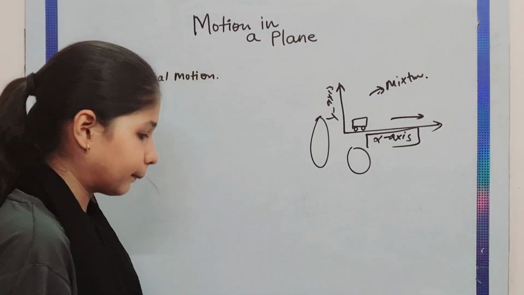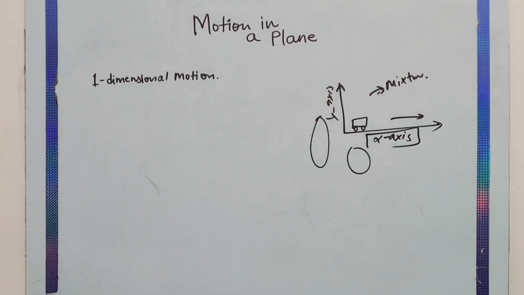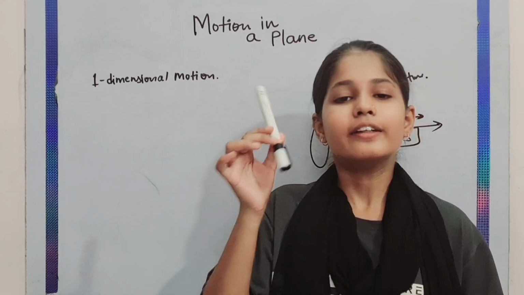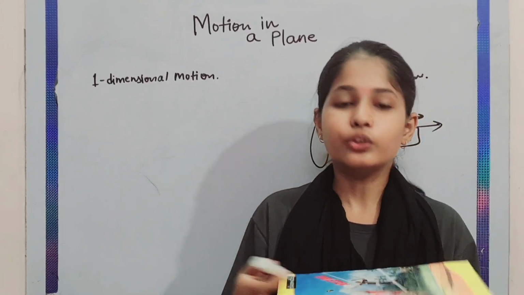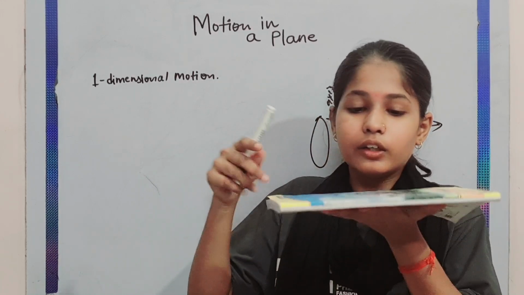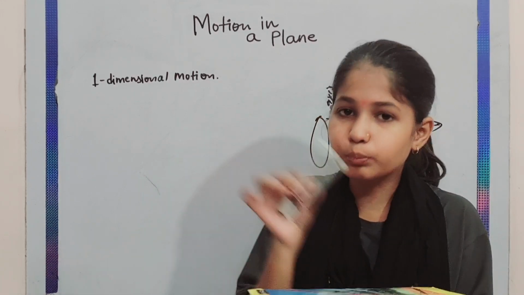For example, if I take this copy, you have to assume that this is a car. So I'm taking this surface, a very smooth surface.